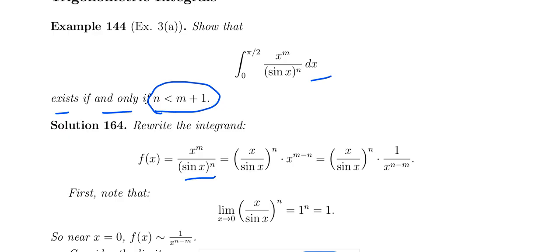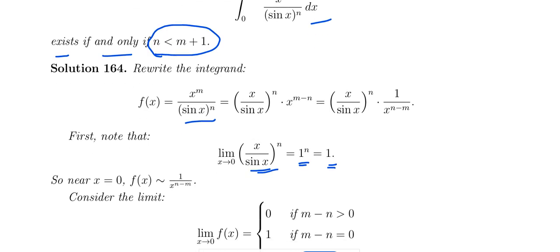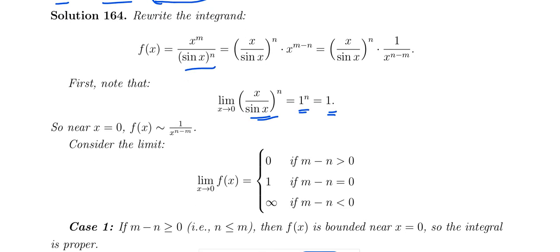So that is limit x tends to 0 போட்டிங்கன்னா the value is 1, 1 power anything is 1. Okay, இப்போ பிரச்சனை வந்து x equal to 0 is the only point of discontinuity. So limit x tends to 0 f of x, m minus n பாசிட்டிவாக இருந்ததுன்னா that is called the 0, இது இந்த f of x னுடைய வேல்யூ.